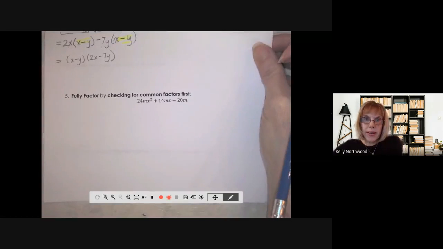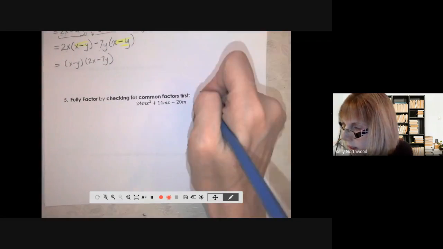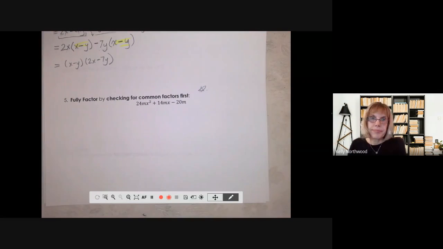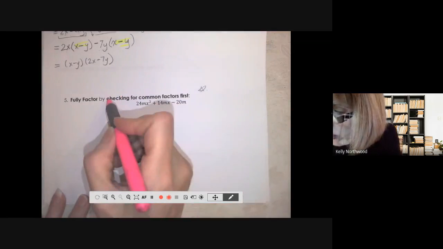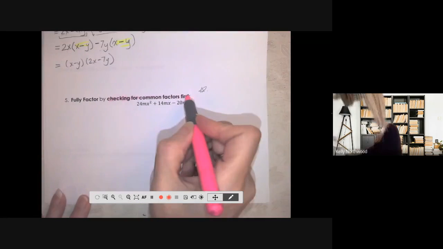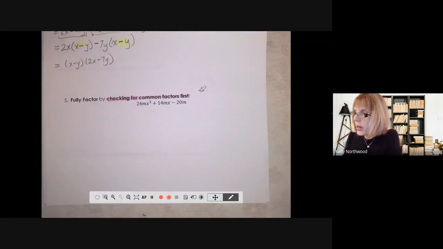Okay, 5 is kind of a challenging question. But it highlights something that's really important, and that is that you should always check for common factors first. As we learn more and more types of factoring, this is going to become my mantra: check for common factors first.